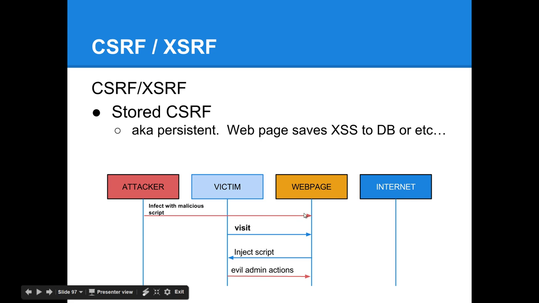The attacker visits the web page and uploads some form of malicious CSRF script, waits or baits the victim into visiting, and upon the visit, the script will be injected into the victim's browser, and if they don't have a script blocker, it will run and perform evil administrator actions if that victim is an admin. This is stored XSS or CSRF.